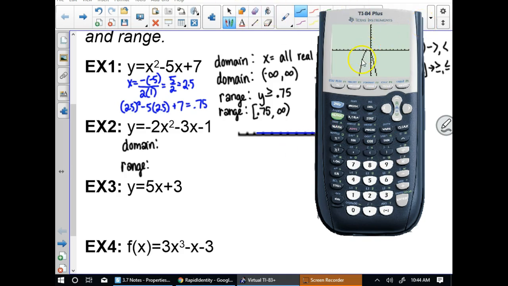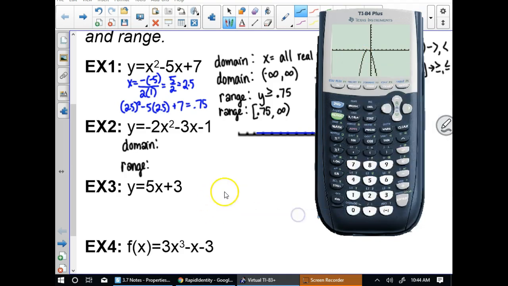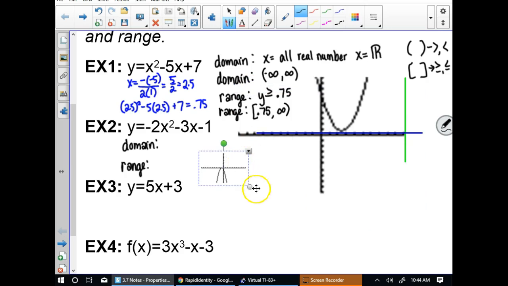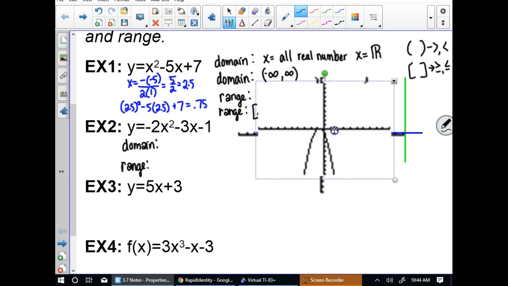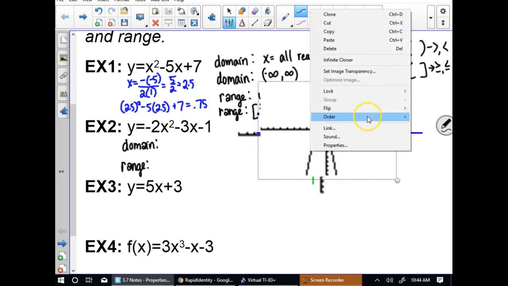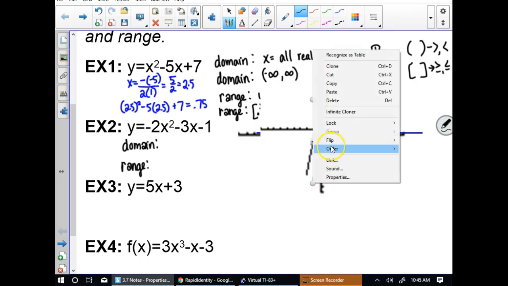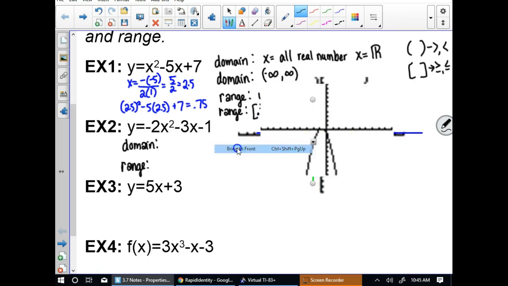Over here at the ends, I do quit touching the graph, but I've got arrows on the end, right?